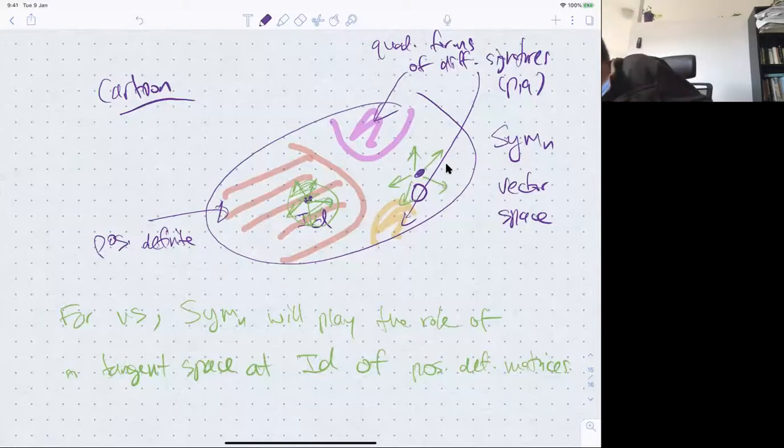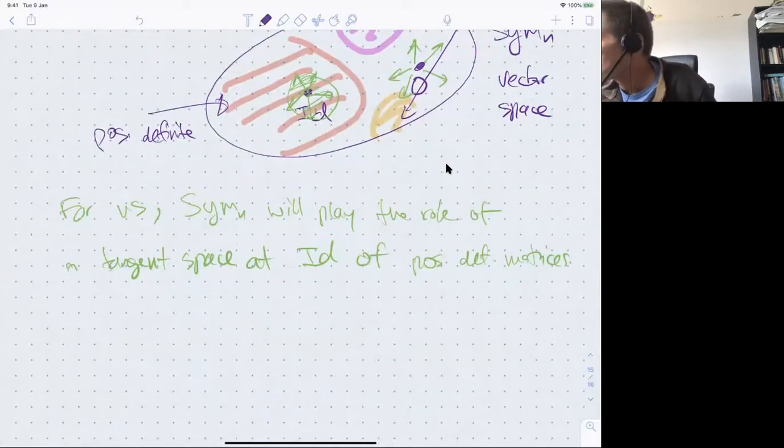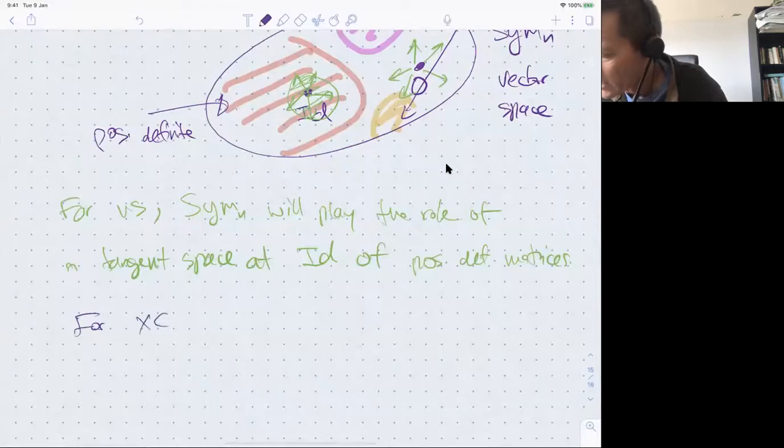Okay, so why do we care about this? Let me use these notions of symmetric matrices, and then I'll explain why they come up in our proof. On this vector space of symmetric matrices, you can think of each vector as giving rise to a linear functional. So for x in R^n, define phi x.